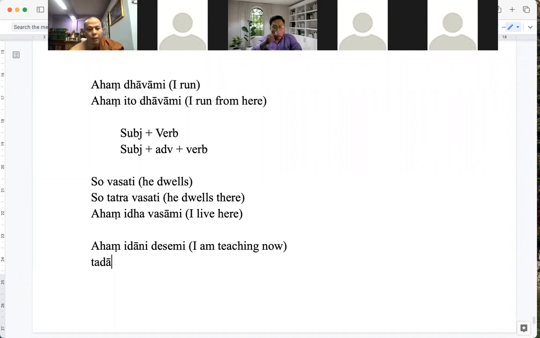But the 'tadā' is commonly at the beginning of a sentence. So 'tadā' means then, at that time. So 'tadā dhammaṃ desemi', then they develop, or they develop at that time.